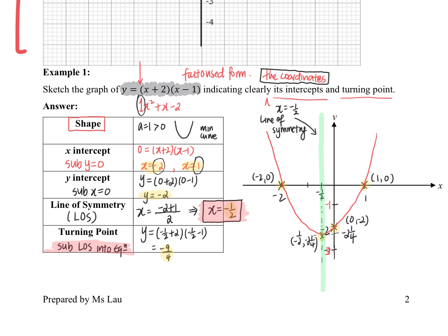Okay, so this is sketching when it's completed square form. Done? Not yet.